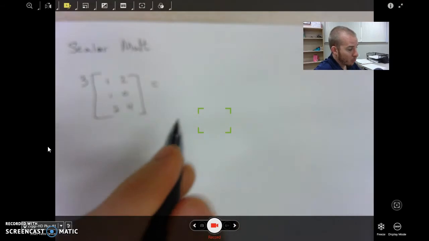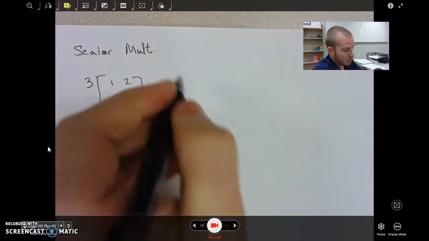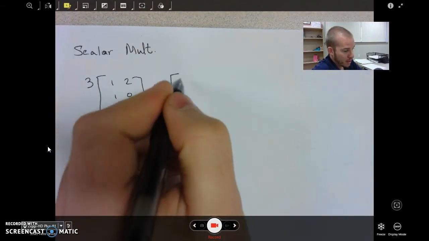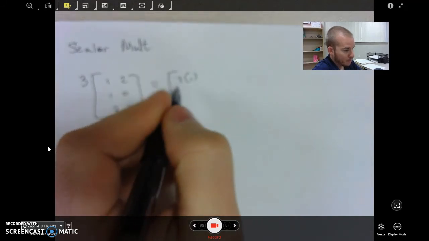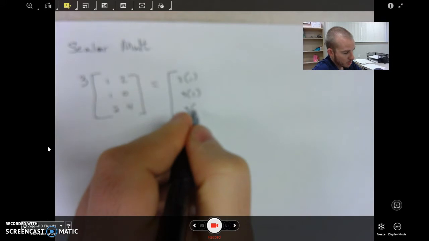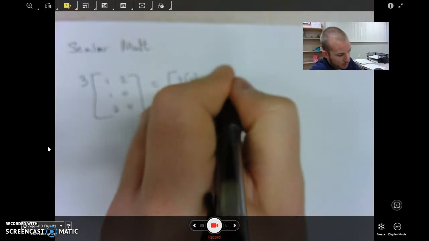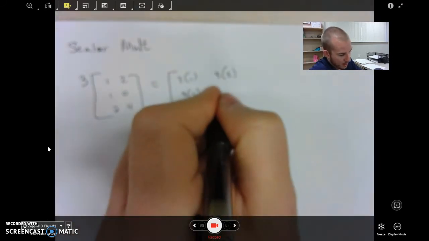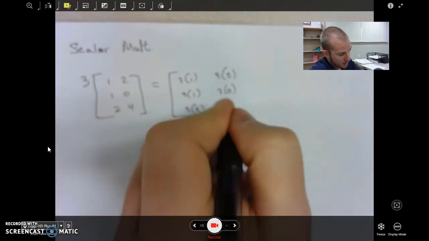Take each entry and multiply it by 3. So this will become 3 times 1, 3 times 1, 3 times 2, 3 times 2, 3 times 0, and 3 times 4.